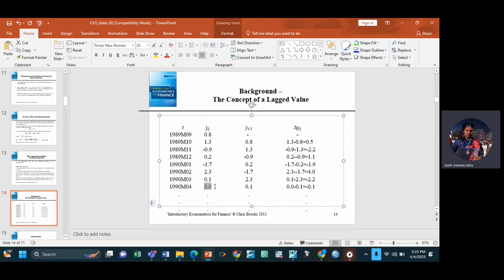Do you understand? So that's lagged value. It simply means 1 period behind. If it is lagged 1 period, you lose 1 value. If it is lagged 2 periods, you lose 2 values. If here was Yt minus 2, then we would lose this value and this value, and this 0.8 would have been where this 1.3 is, which means we would have eventually lost these last 2 values, 0.1 and 0.0.